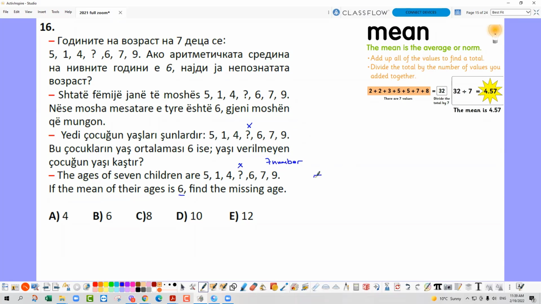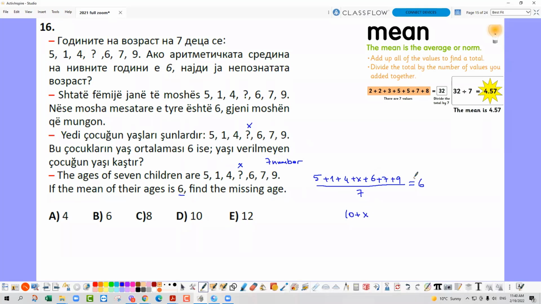So I'm going to add 5 plus 1 plus 4 plus X plus 6 plus 7 plus 9, and divide by the number of values, which is 7. The mean is equal to 6. So I'm going to add them. 5 plus 1 plus 4 is 10.